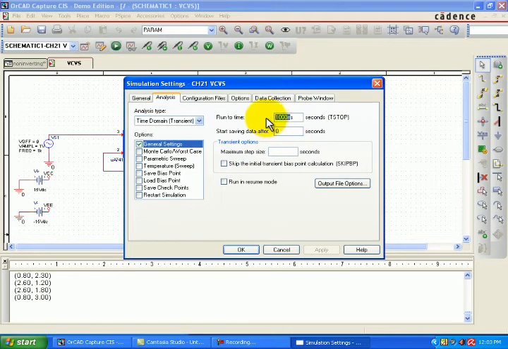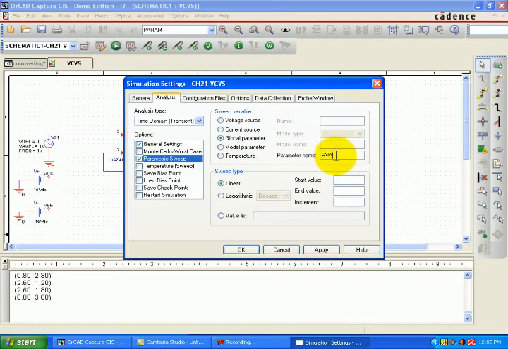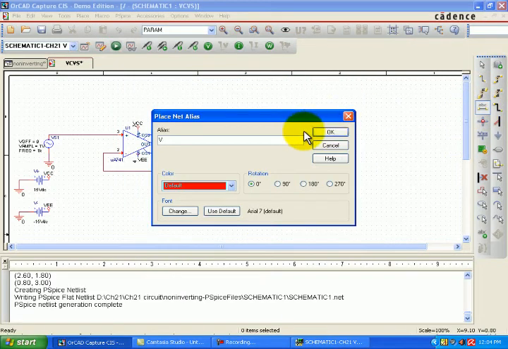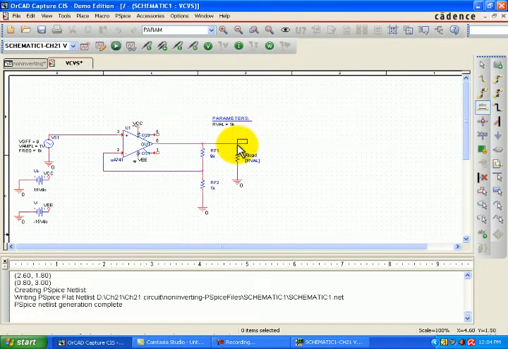Now select the run time from 2 milliseconds. Parametric sweep we are giving for the RVL. Now give the V output voltage.